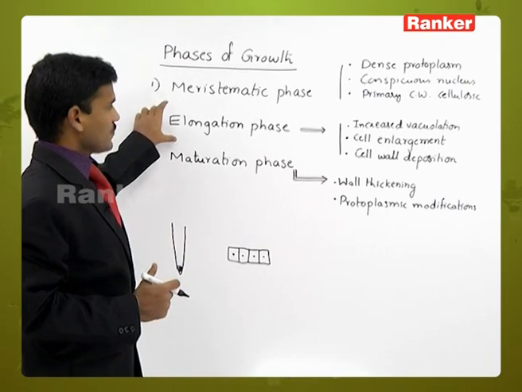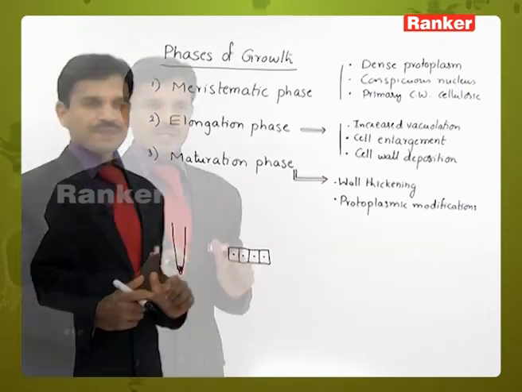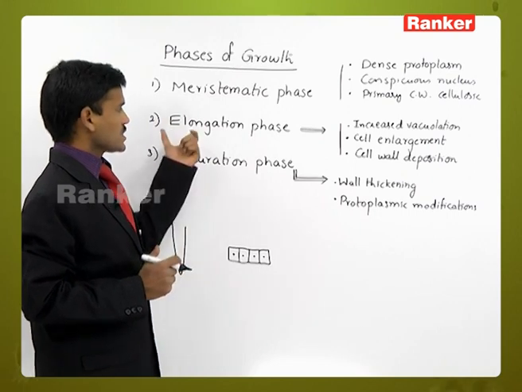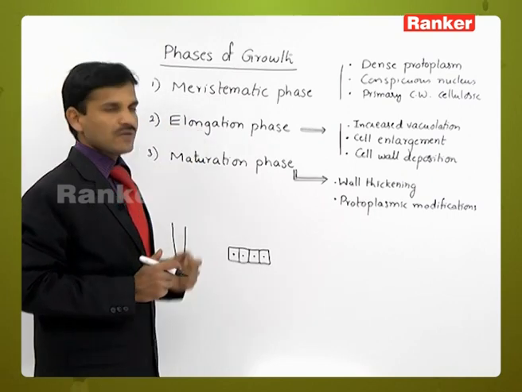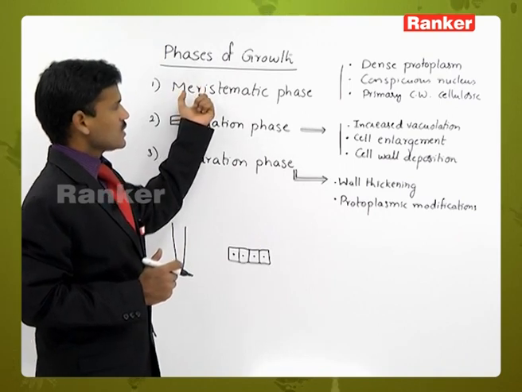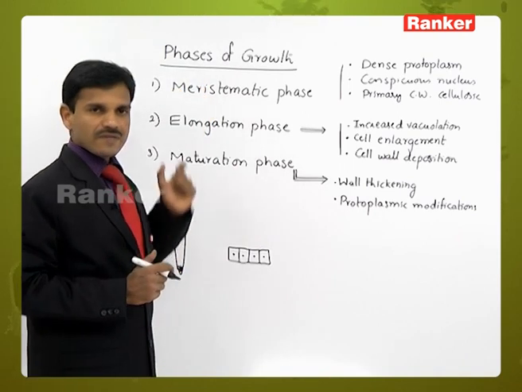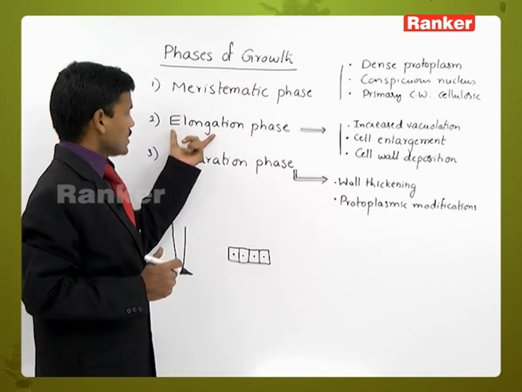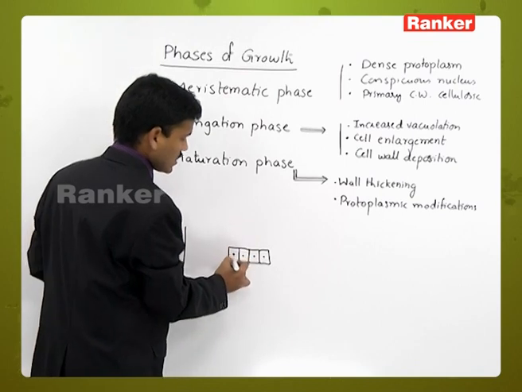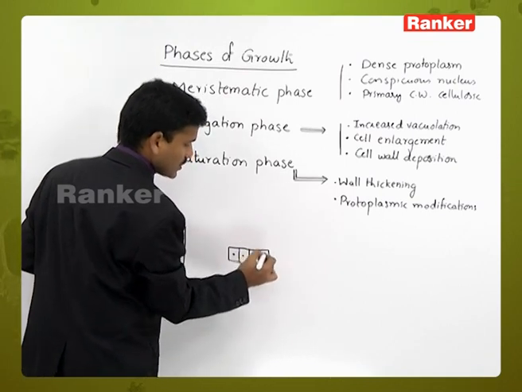Next, the elongation phase. In the elongation phase, the cells are elongating or enlarging, so it is also called the enlargement phase. The meristematic phase is also called the phase of cell division. Here the meristematic cells produce new cells.